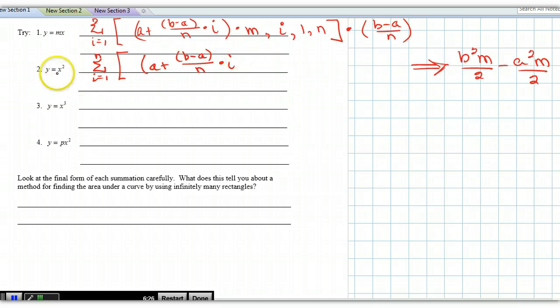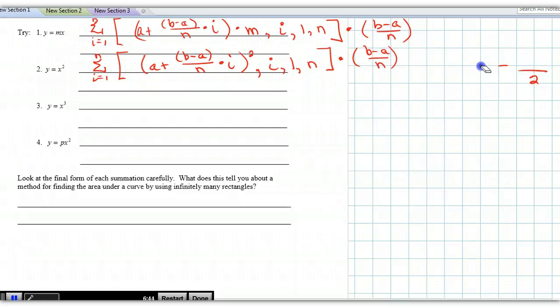Substituting that into our function, so it's going to be our a plus b minus a over n times i, quantity squared. i is going to go from 1 to n. And then multiply by the width of each rectangle, which is b minus a over n. Make sure again that this is left outside of the summation formula. We don't want our calculator to be overloaded.